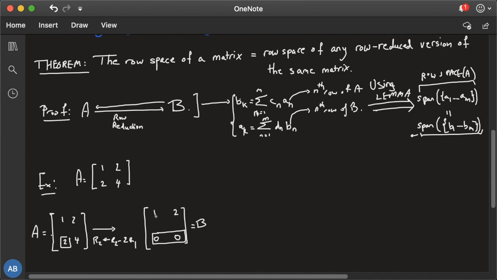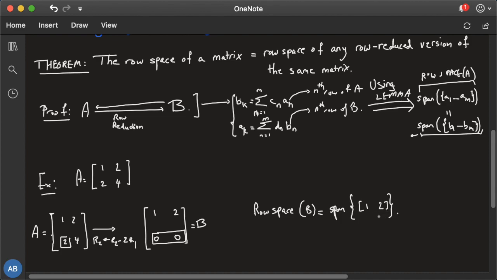It means that, using the theorem above, the row space of A and B is the same, and consists, in this example, of all multiples of the vector (1, 2), right? Remember, a basis cannot contain the 0 vector. So, from B, you can say that the row space of B is the span of the vector (1, 2).